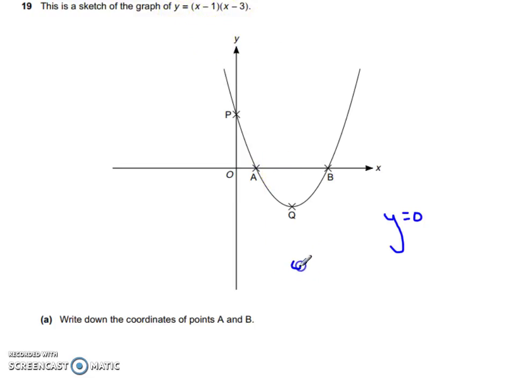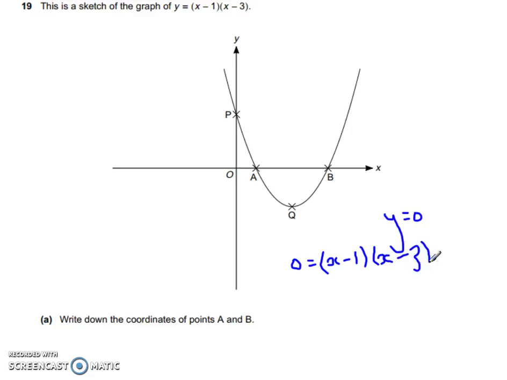So it's going to be 0 equals, and then we've got x take away 1 and x take away 3. Now remember that there is an invisible times sign between these two brackets.